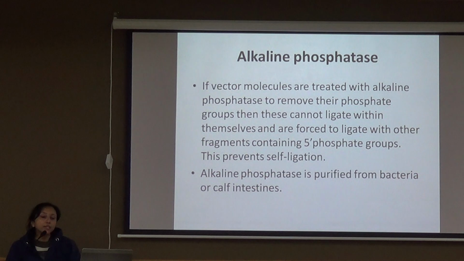If vector molecules are treated with alkaline phosphatase to remove their phosphate groups, then they cannot ligate within themselves and are forced to ligate with other fragments containing 5' phosphate groups. This prevents self-ligation. Alkaline phosphatase is purified from bacteria or calf intestines.